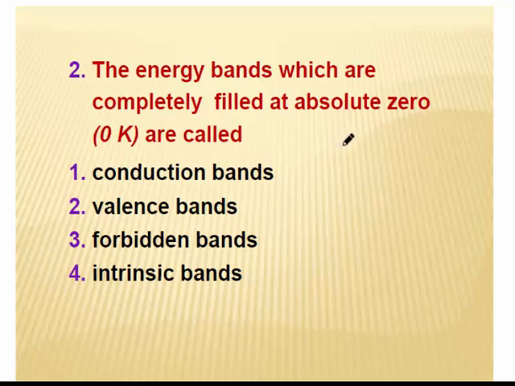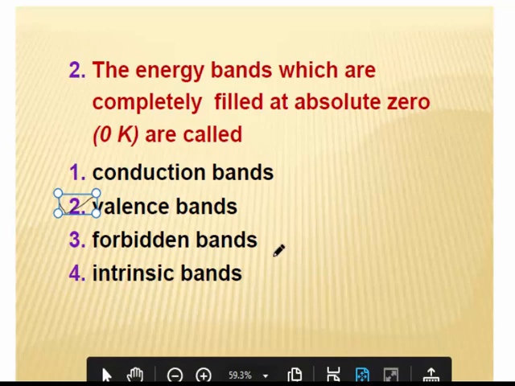The energy bands which are completely filled at absolute zero temperature is what? Valence band. So why? You can see the conduction band is completely empty at absolute zero temperature. Forbidden bands do not contain any electrons.